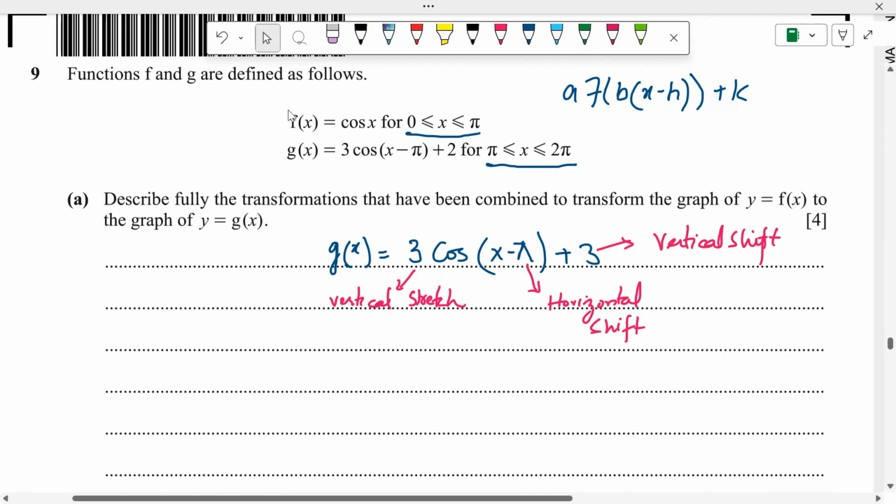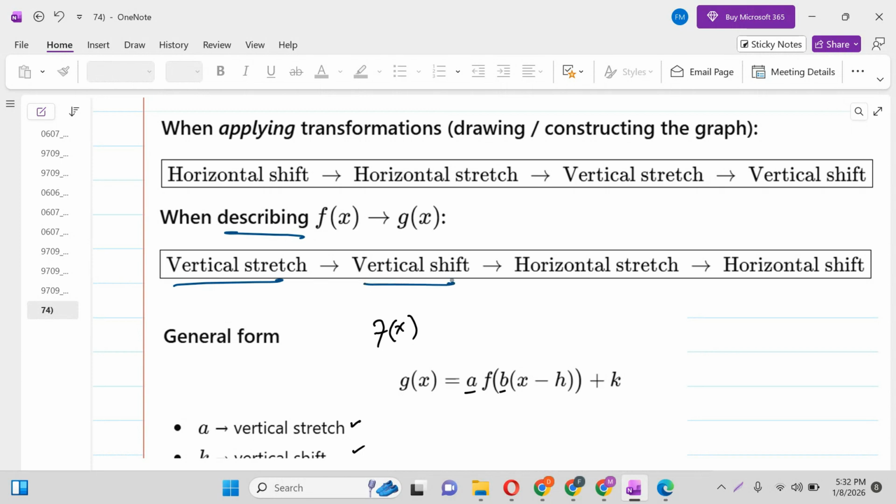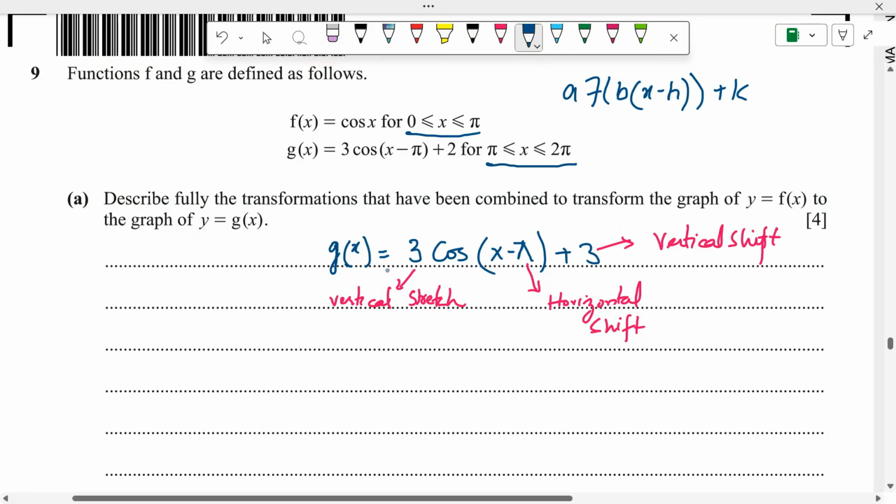We are given both f of x and g of x, and when we need to describe the transformation, we follow vertical stretch, then vertical shifting, horizontal stretch, horizontal shifting. So first we define the vertical stretch: a vertical stretch by the factor 3.